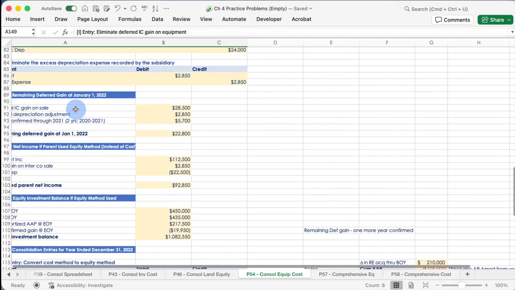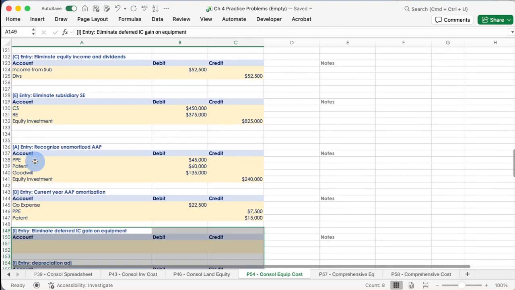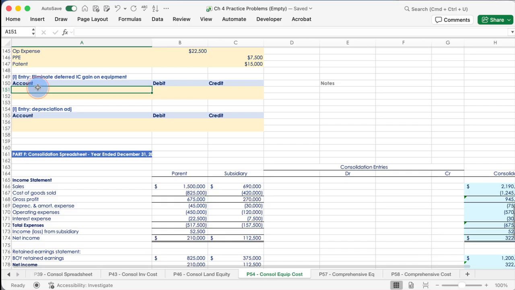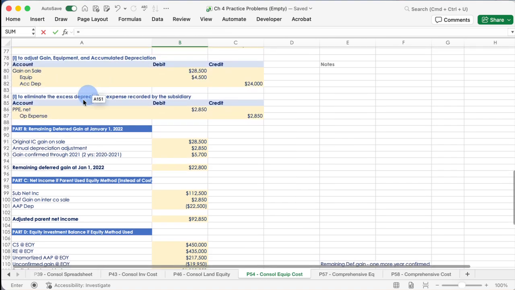This is very similar to what we've already done above. However, the gain has already been closed out to retained earnings, so for our subsidiary, instead of us debiting gain on sale, we're going to debit equity investment. And we're going to credit PPE. And that's going to be for our gain.